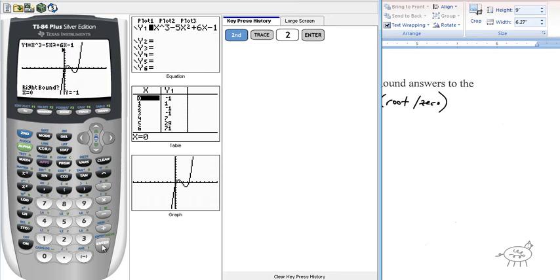Now it says left bound and right bound. Make sure that the right bound is on the right side of where it crosses, and the left bound is on the left side where it crosses. So you do left bound, then you move to the right side, hit right bound, hit enter. If you made a mistake, it's going to tell you there's no 0 there. So here's one of our answers: 0.198.